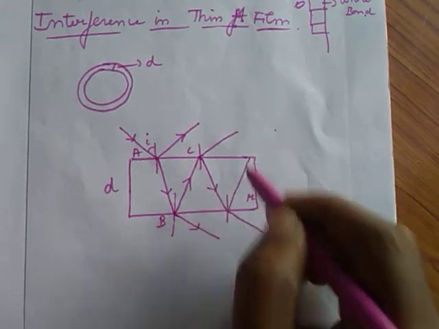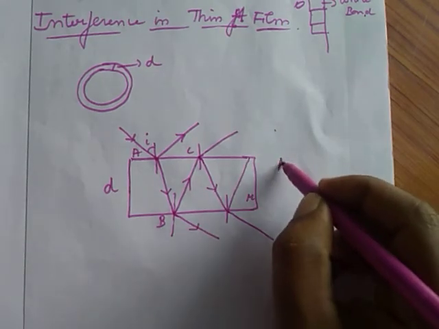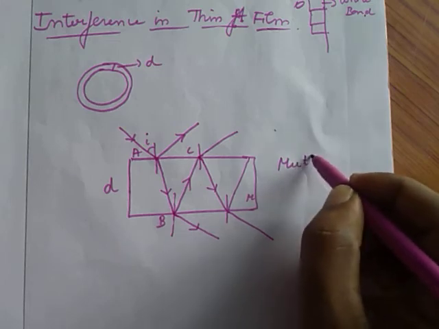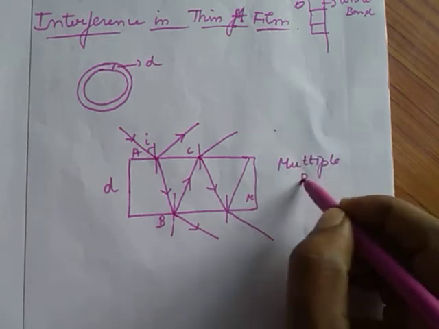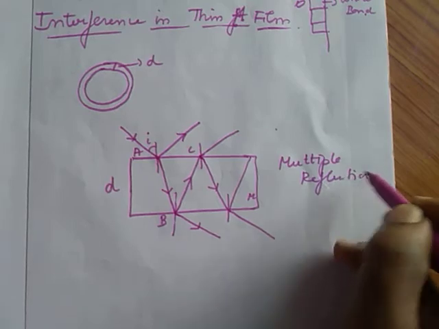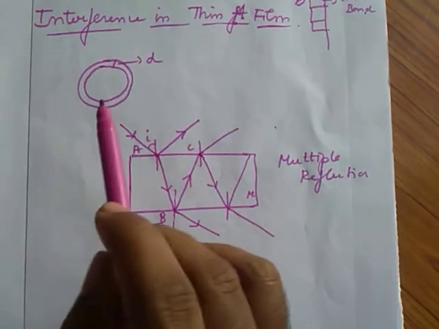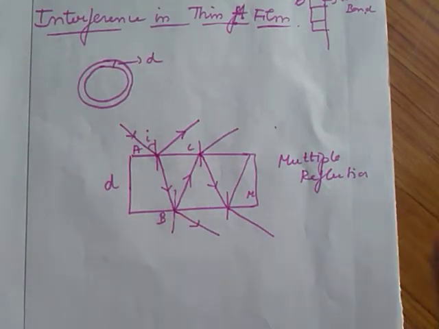This process repeats. This is known as multiple reflection. Because of this multiple reflection, the soap bubble appears a dazzling color.